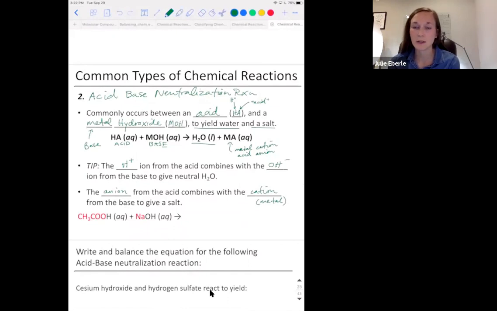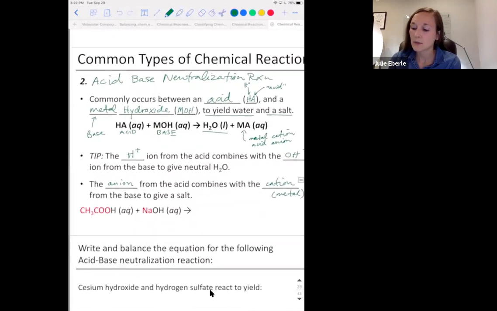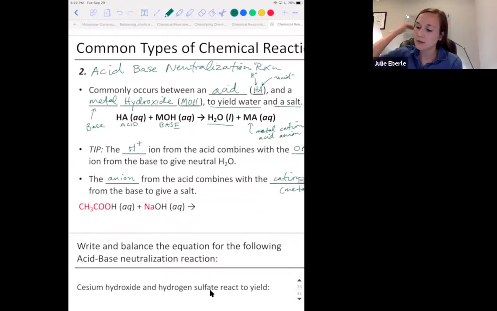So let's look at a real example of an acid-base reaction. We're going to write out our products. So down here at the bottom in the red and the black text, we have CH3COOH. First off, this is your acid. The red part is an acetate anion. Some of you might recognize it because it's one of the polyatomics that we know of. And the H, that's our cation.